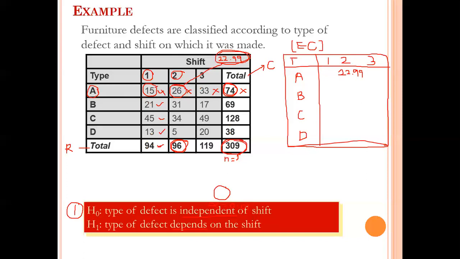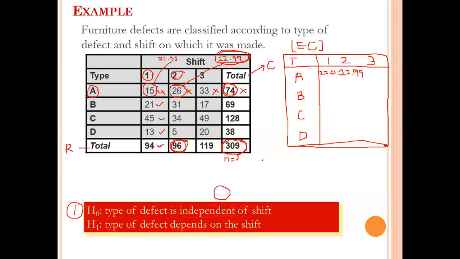You must times the value of total row, that is 94, with 74, the total value of column, and divide by the total value of sample, that is 309. So you will get 22.55. So you can insert into your expected count table, that is 22.55.